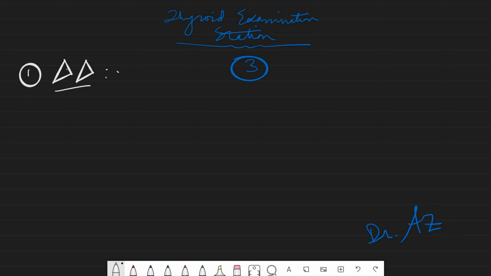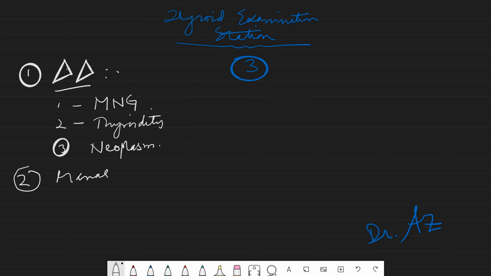The second question that will be asked to you here is how would you manage this patient? It's about management. Management of this type of swelling in the thyroid gland is similar to the situation in the breast. So number one, as usual, you are going to do history and examination.